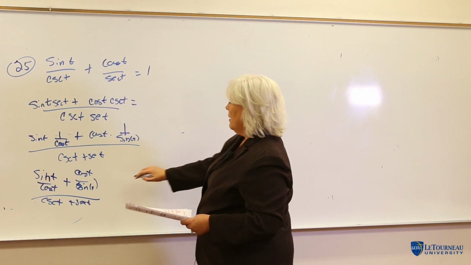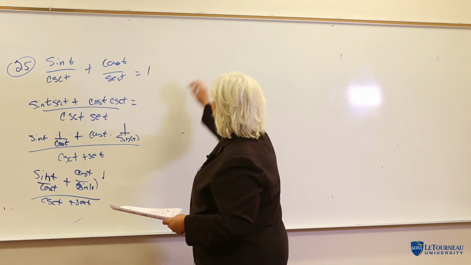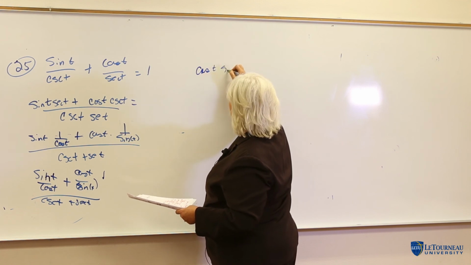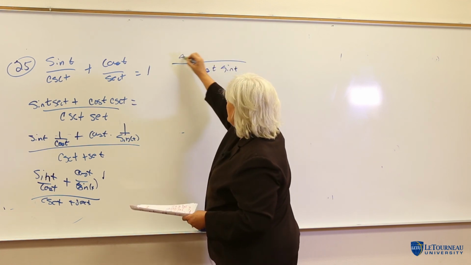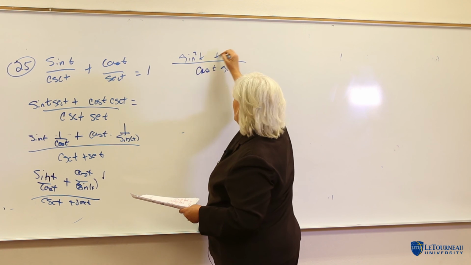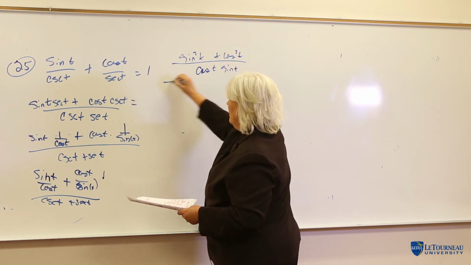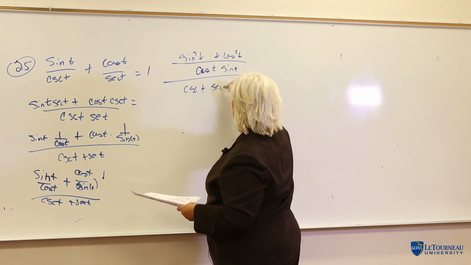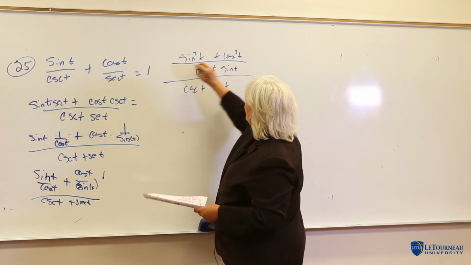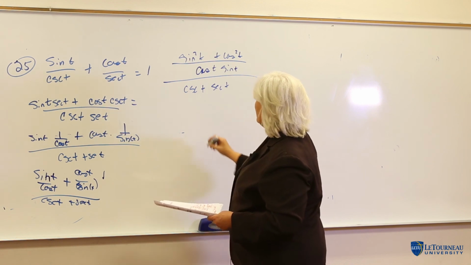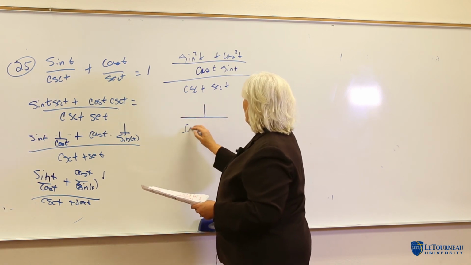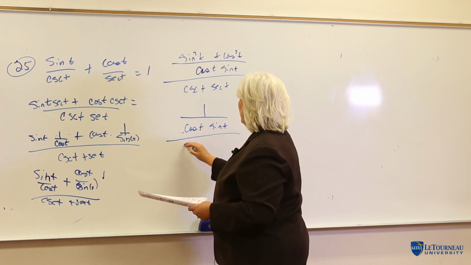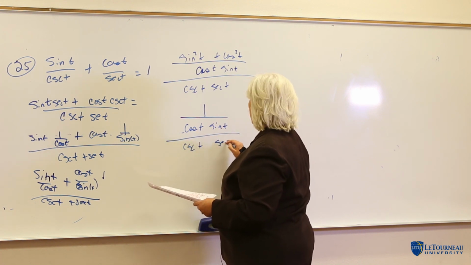Mistake. I'm going to get a common denominator right here of cosine t sine t, which makes this sine squared t plus cosine squared t all over cosecant t, secant t. Well, I'm going to go to the identities now. Sine squared plus cosine squared is 1. 1 over cosine t, sine t, all over cosecant t, secant t.